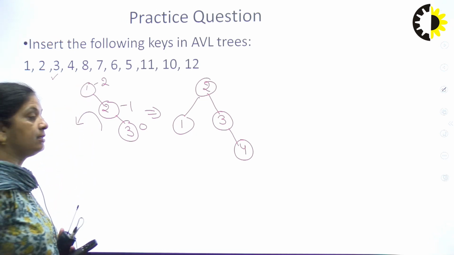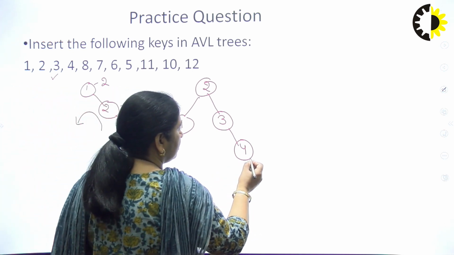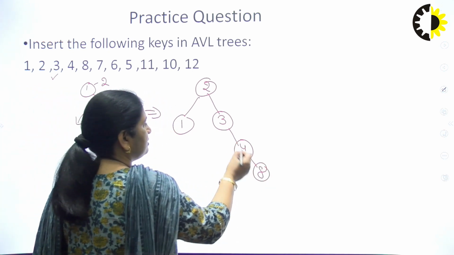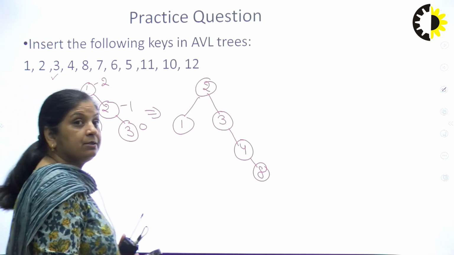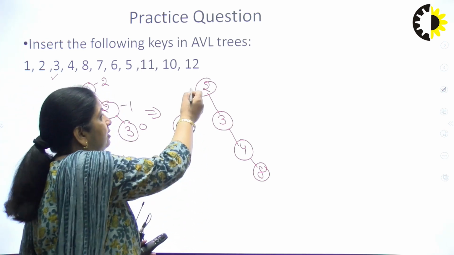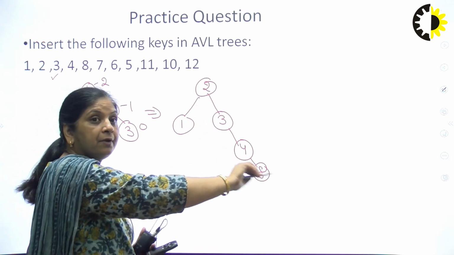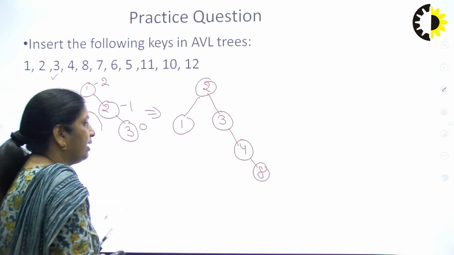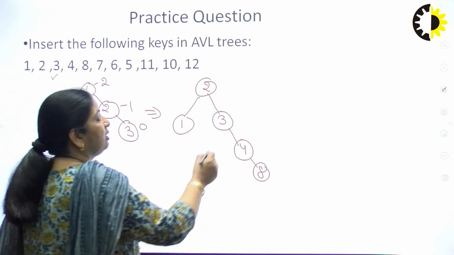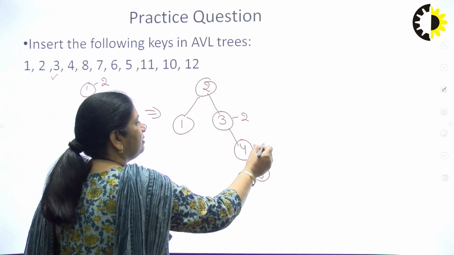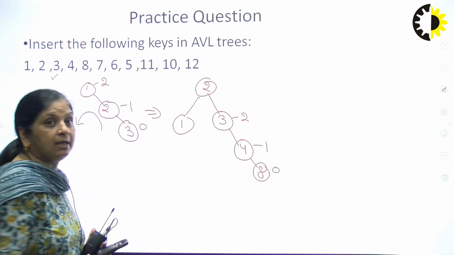Now what happened next is 8. When we see this 8, 8 will be inserted at this location because it is greater than 4. How is insertion done? We start with root, go on comparing and find the proper location. So I found this location. Now I have got -2, -1, 0. Again disbalancing.